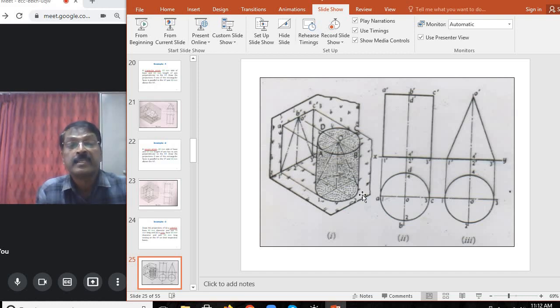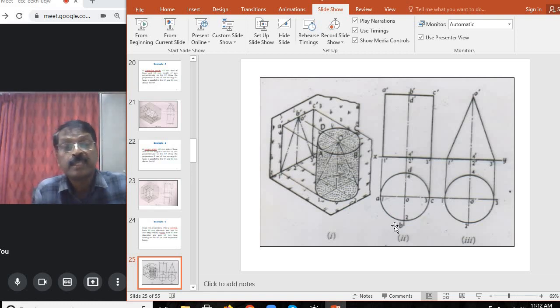Since the base is resting on the horizontal plane, the true shape of the base should be drawn first. In the top view only the true shape of the base is available. So first imagine that the object is like this. In the top view only the true shape of the base is available, so we have to start with the true shape of the base in top view as a circle.